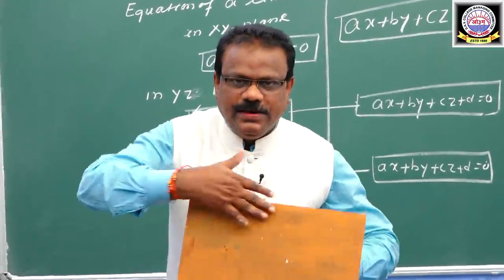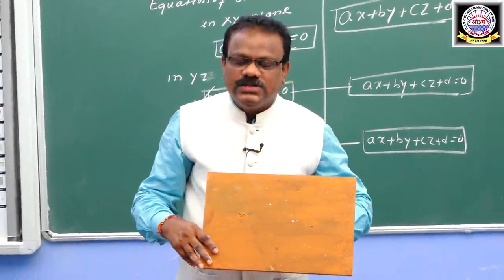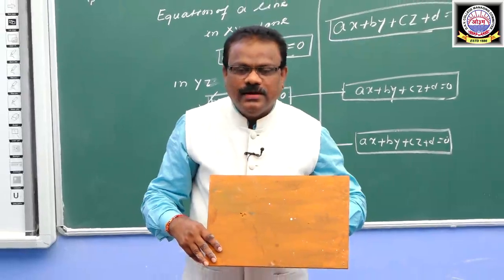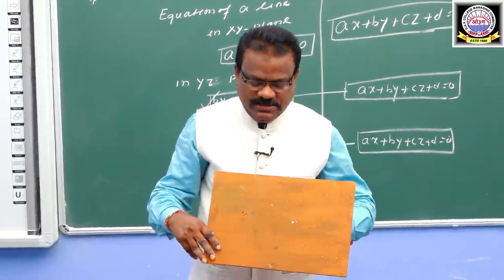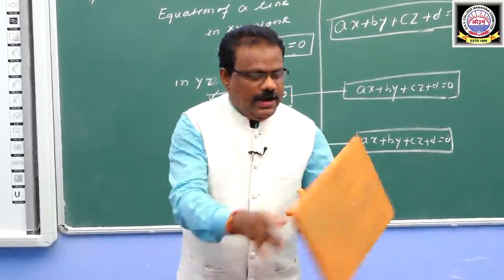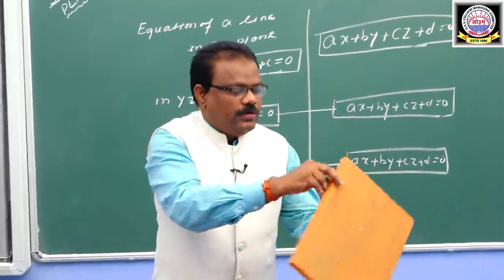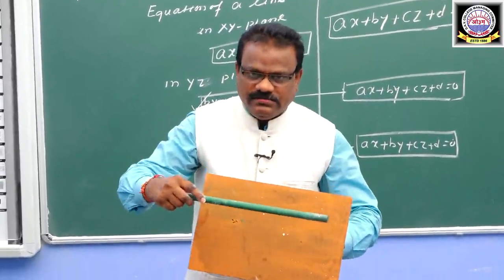Now you see this is a plane. Suppose in case of a line equation, you just remember, passing through a point and parallel to a vector. But in this case, suppose this is the plane and this is the fixed point, I am holding the fixed point, and suppose I take one line parallel to it.